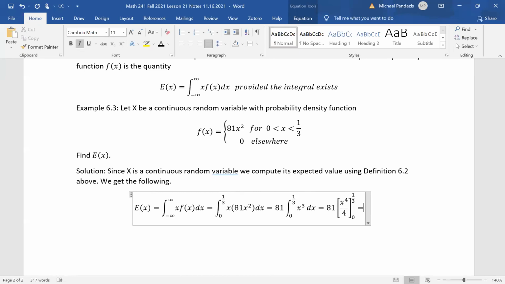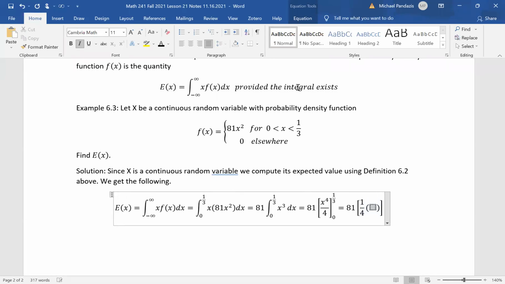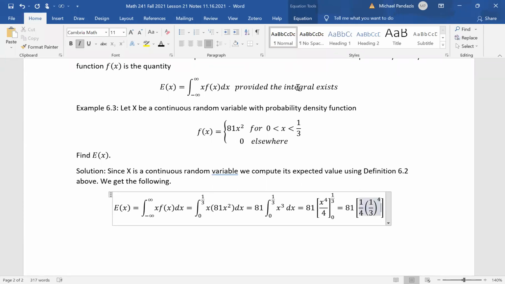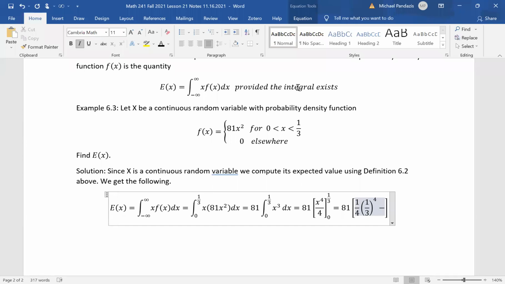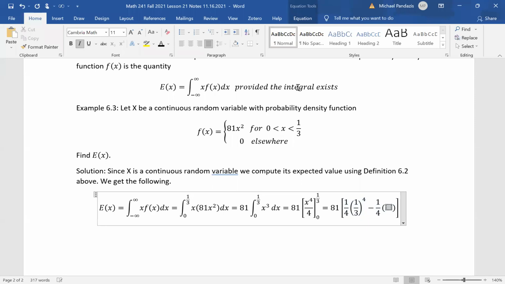So this is now equal to 81 times, in brackets, the value of the expression when x is 1/3, which is 1/4 times 1/3 raised to the 4th power, minus that expression when x is 0, so 1/4 times 0 to the 4th.